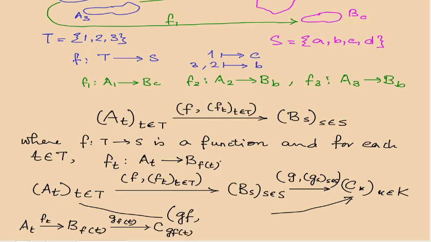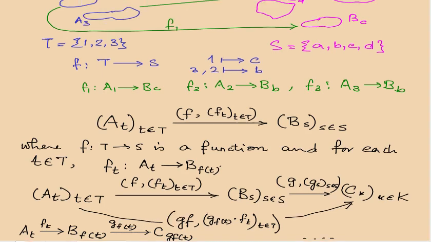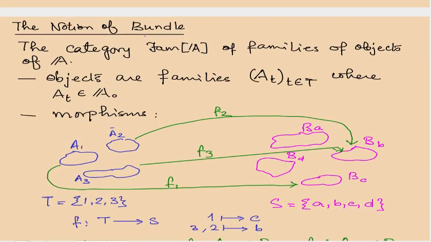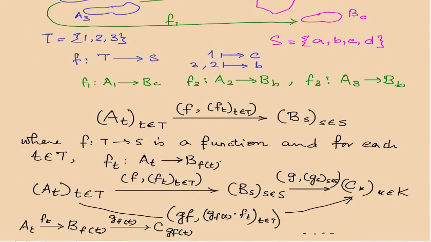So it is nothing else but g_f(t) composed with f_t. So that's that family. And then I leave it to you to find out the identities, and that describes the category of families. Okay?